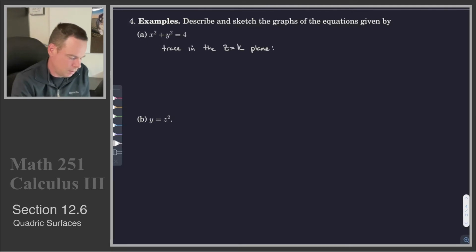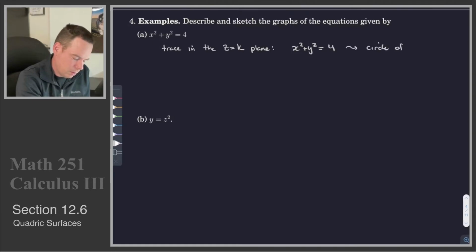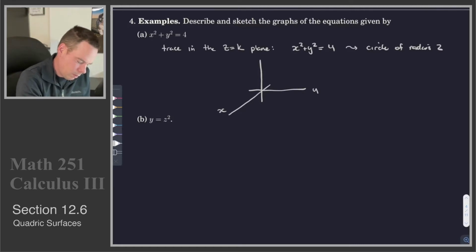What is the trace in the z equals k plane? So in that plane, the z value is k, and what do our x and y values satisfy? Well, they satisfy this equation, and this is a circle of radius 2. So that means that in our coordinates x, y, z, what we've got is at any given height, we've got a circle of radius 2.